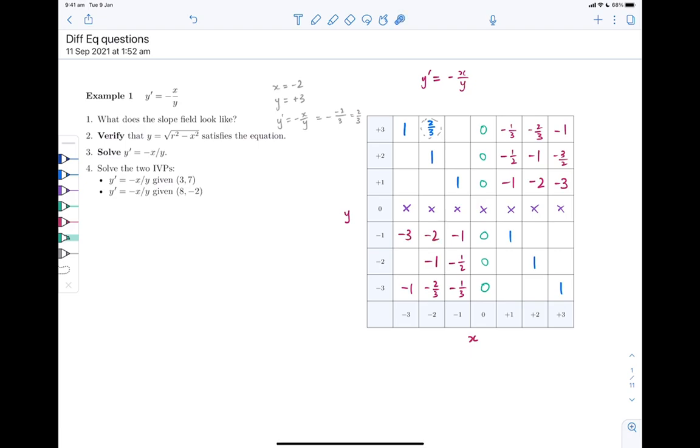Let's just double check every now and then. So, yep, that over that. Yep, that's right. And the last one here, -3 over 2. And this is 3 over 2, 3, 2, 1/2, 1/3.